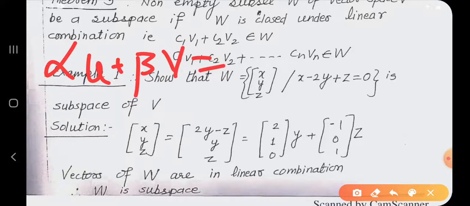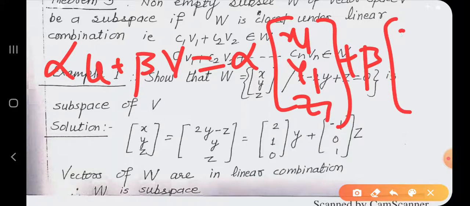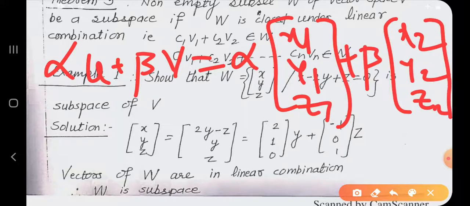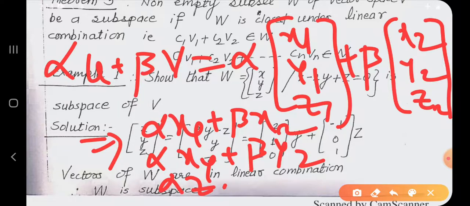is equal to alpha into x1 y1 z1 plus beta into x2 y2 z2. If I do this calculation, I get alpha x1 plus beta x2, alpha y1 plus beta y2, alpha z1 plus beta z2.